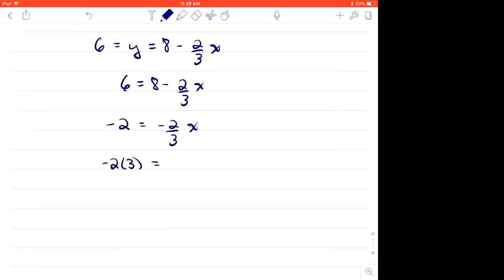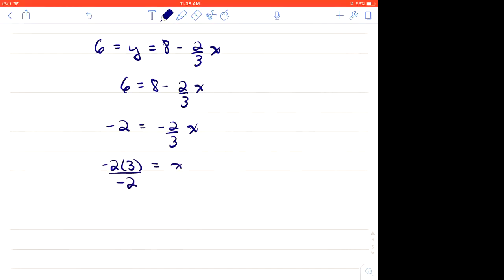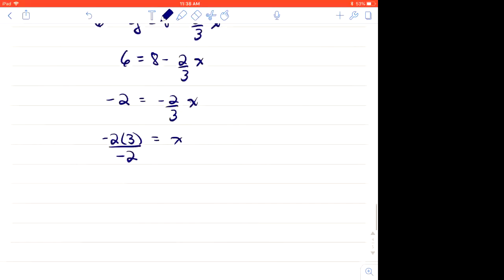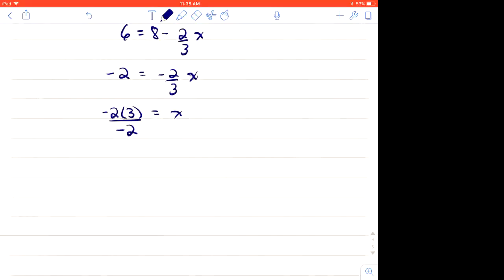And to get the negative 2 over, I have to divide by negative 2. It's x. These guys are going to cancel, so x is 3.